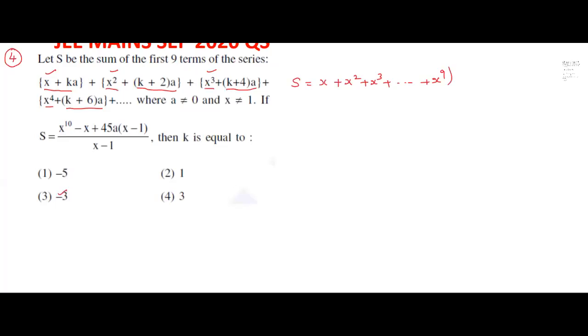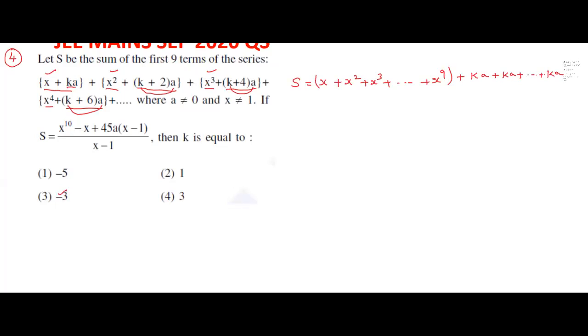These are the sum of 9 terms, only x related. Next see here, Ka, K into A, K into A, like that. So how many terms? 9 terms. Ka plus Ka plus Ka and so on.